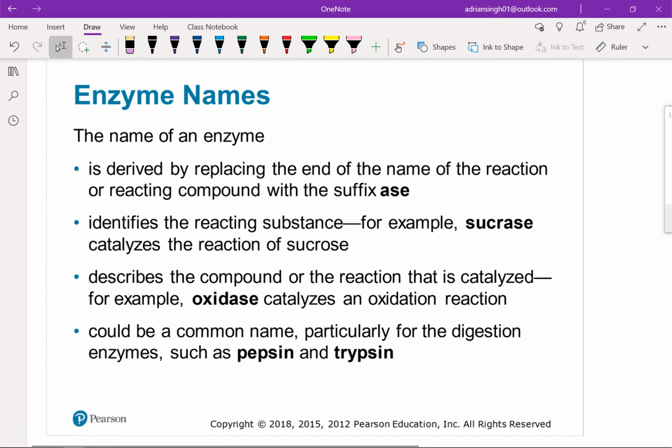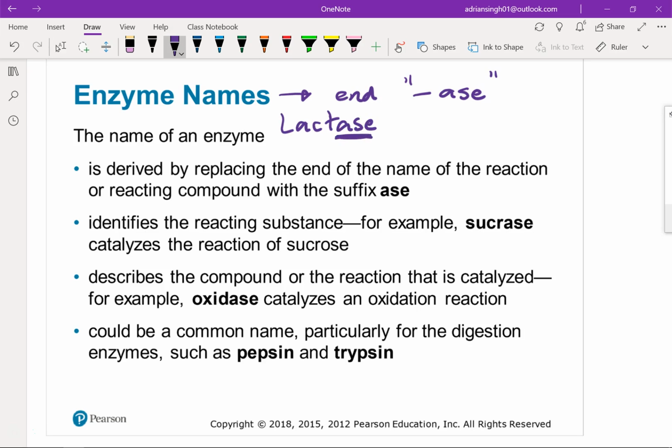Enzymes themselves have names obviously associated with them, and quite frequently, not always, but very frequently, enzymes have the suffix ase. Right, so for example, you have an enzyme called lactase, which you probably have heard about before.